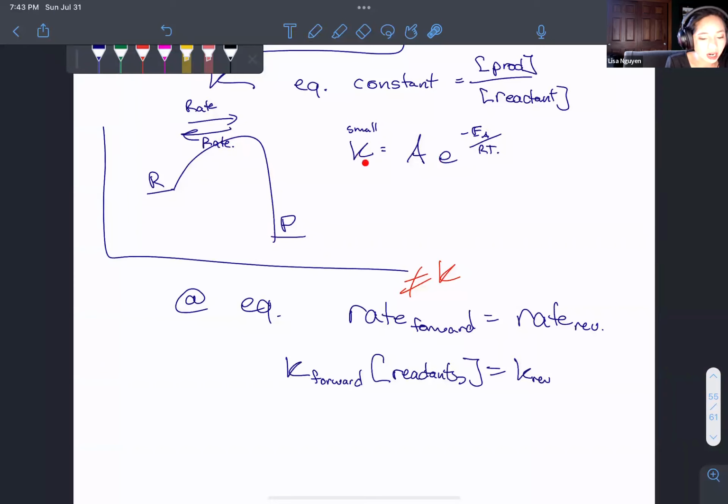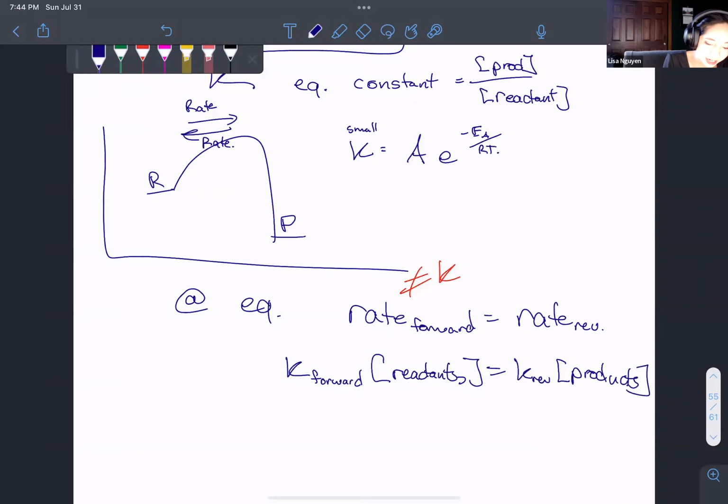So remember, the effects on k depend on activation energy. With a large activation energy, k is going to be smaller for the reverse reaction. But the same idea here: if this reaction were to go in reverse, the products are now your reactants, those are the species being involved, so you have concentrations of products.